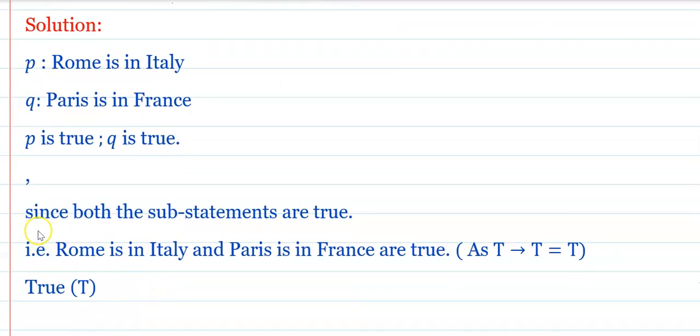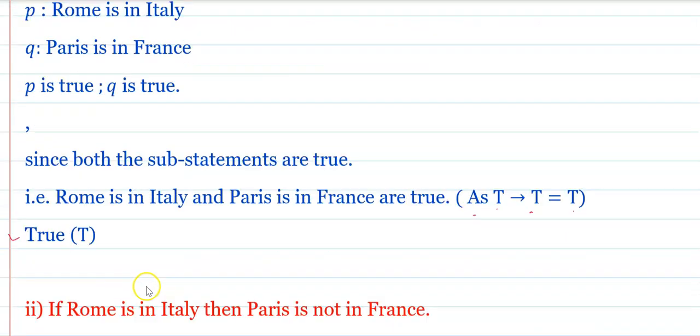Okay. Then since both sub-statements, that is Rome is in Italy and Paris is in France, are true, therefore T implies T. Okay. T implies T is T. Both are the same and that's why it is true and therefore its truth value is T.